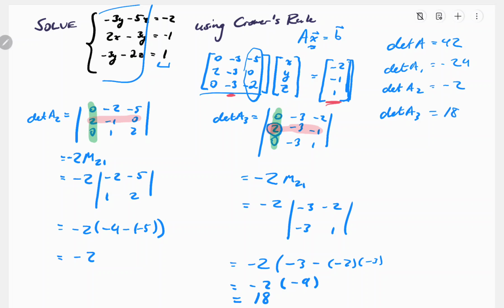18. So now we can use these determinants that we found to solve our equation after long last. So hopefully you've noticed why this isn't the ideal way to solve a system of linear equations, because obviously there's a lot of room for error.